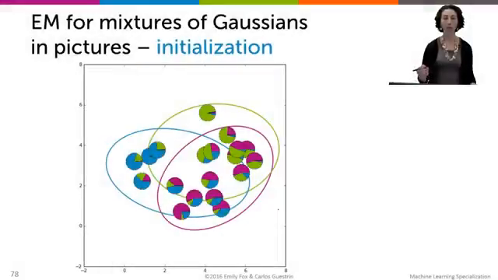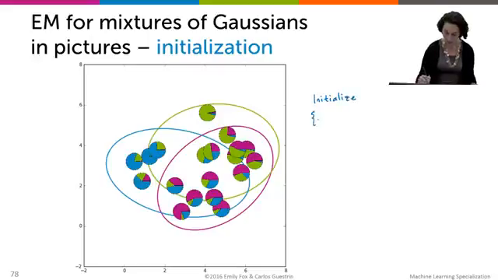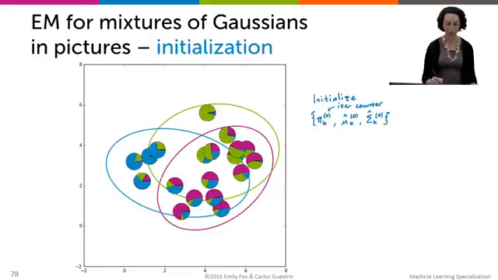In pictures, the EM algorithm works as follows. The first step is to initialize our set of model parameters. So our mixture weights at the 0th iteration, our means, and our covariances. And those are represented by the ellipses shown in this picture, where each one has a center and a given spread and orientation.